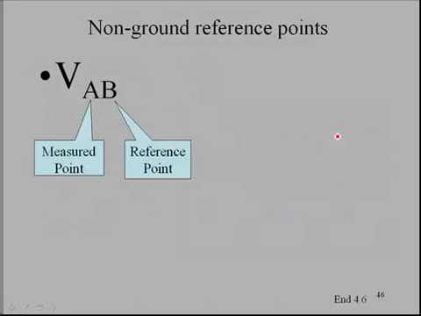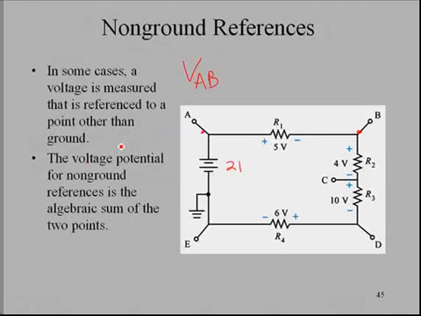You commonly see it like this, where A is the measured point and then B represents the referenced point. So VAB would be, in this case, 5 volts. The voltage potential for non-ground references is the algebraic sum of the 2 points. So if you measure from A to B, it would be 5. From A to C, it would be 9, and so forth.